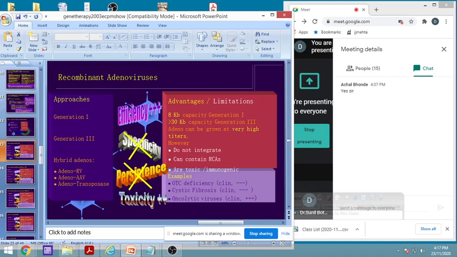These are various ways by which we can use adenoviruses. What are the advantages? It can give a capacity of up to 8 kilobase pairs in generation 1, and more than 30,000 base pairs capacity in generation 3.